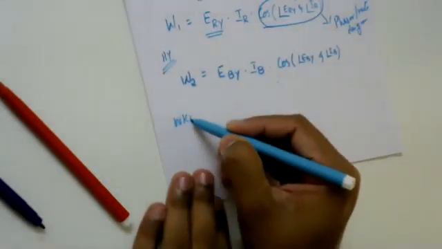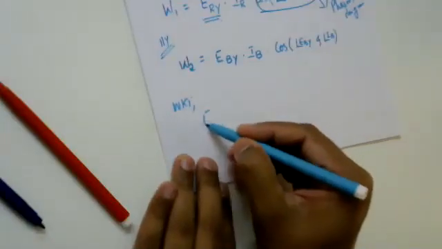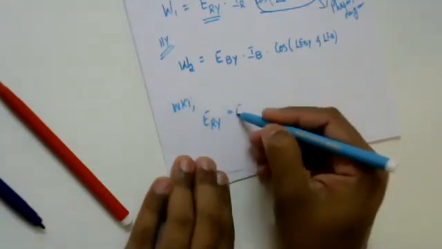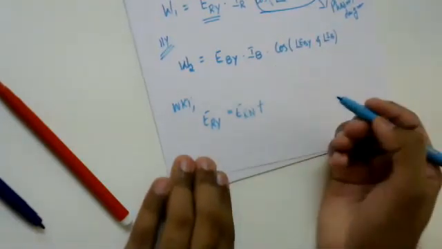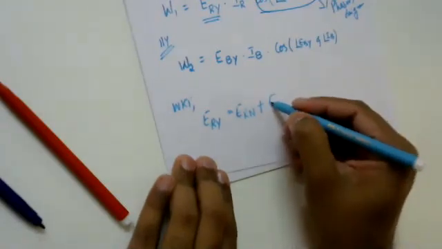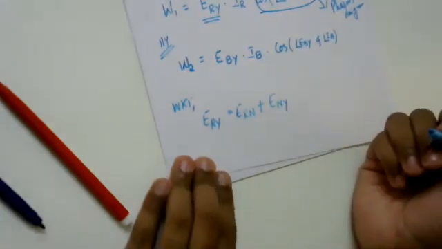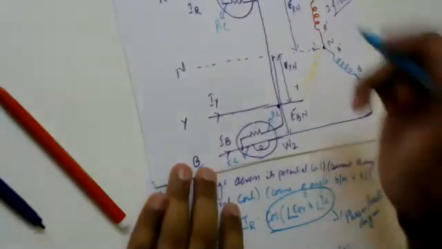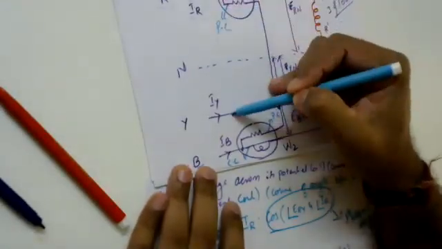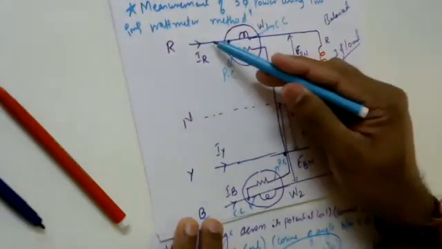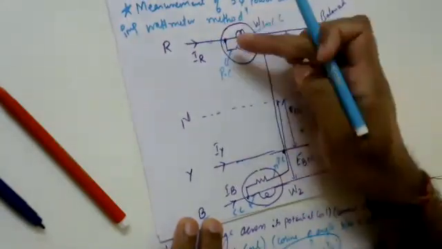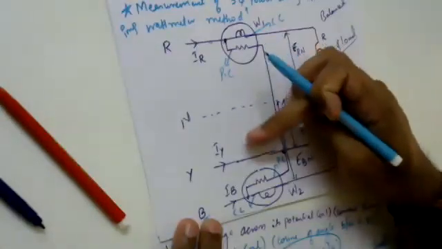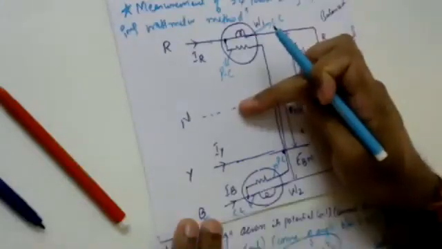We know that ERY is being given by ERN plus ENY. Yes or no? We have studied this. The voltage between R phase and Y phase can be given as ERN plus ENY, RN plus NY.